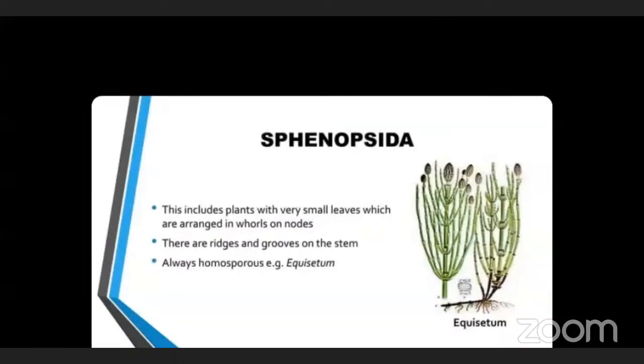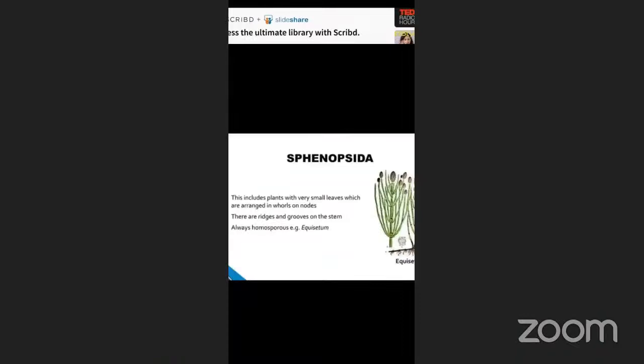Sphenophyta or Sphenopsida, we call that one. Here the first class is the Psilophytopsida, and Spirophyllaceae, there is Spirophyllum.